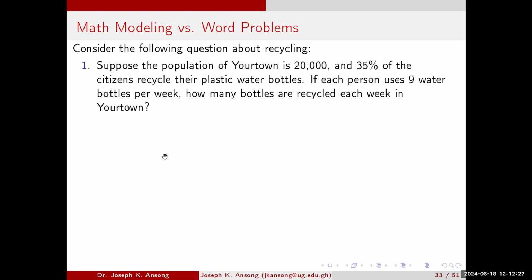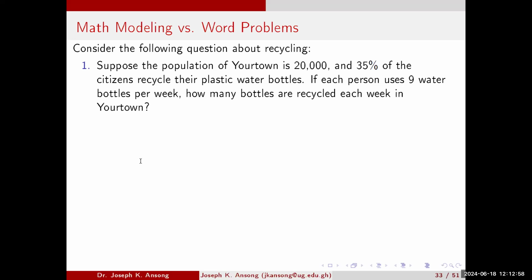If you like, pause this video, think about it a bit and see whether you can calculate that number. Your town has a population of 20,000, 35% of the people recycle their plastic water bottles. If in a week each person recycles 9 water bottles, how many bottles are recycled each week? That is in total, in your town.